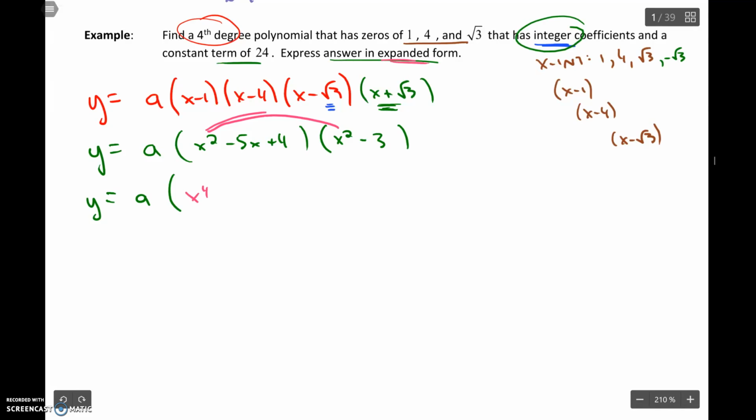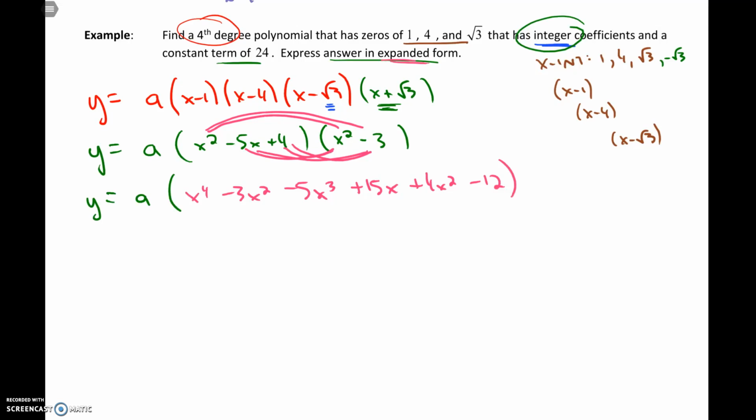X to the fourth minus 3x squared minus 5x to the third plus 15x plus 4x squared minus 12. So there we go. And now, let's add our like terms and clean it up a little bit. X to the fourth. This is the only cubic.